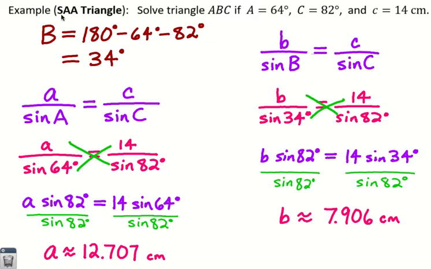Maybe, and if you don't, I'll tell you, it's side angle angle. Or actually, you might have seen this as AAS instead, angle, angle, side. Whatever, same thing. In fact, it's probably more likely that you saw it in a textbook or with your teacher as AAS, angle, angle, side.